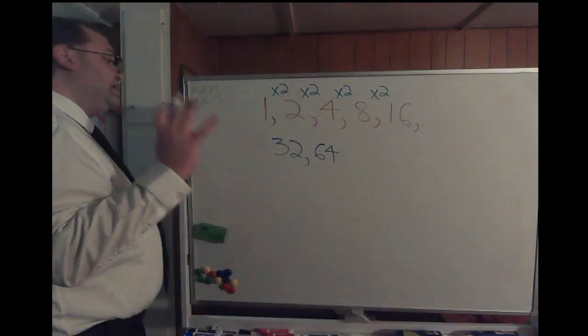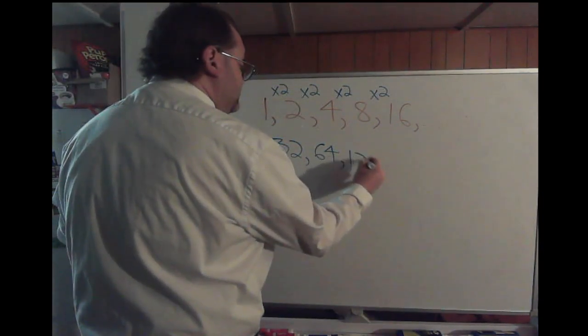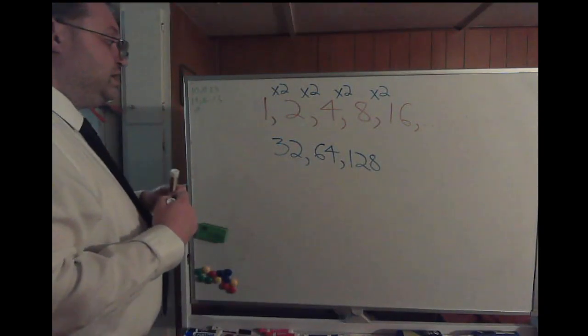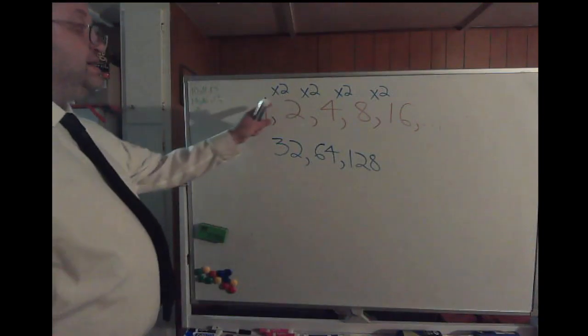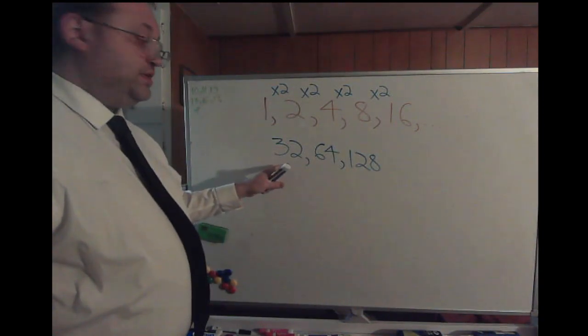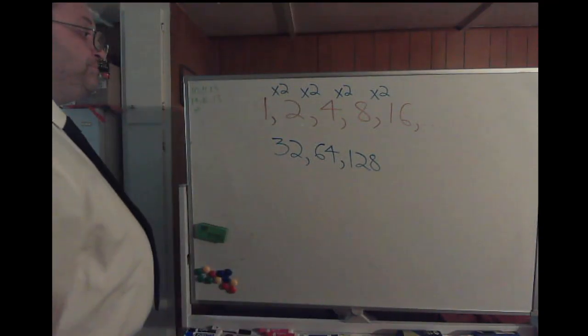Well, we got to multiply by 2. 64 times 2, that's 128. So, it looks to be that based on the pattern of multiplying by 2 between each term, your next 3 terms would be 32, 64, and 128.